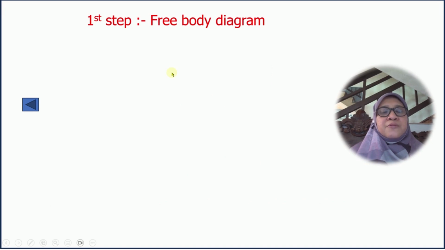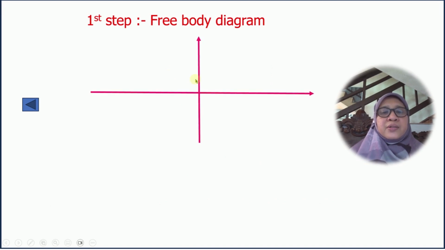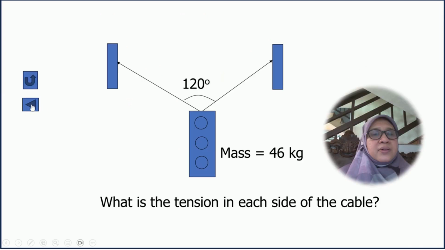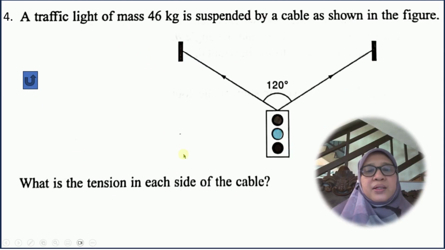We draw the free body diagram on the Cartesian plane with the tension in the strings. Both strings have the same tension T, and another force is the weight of the traffic light.